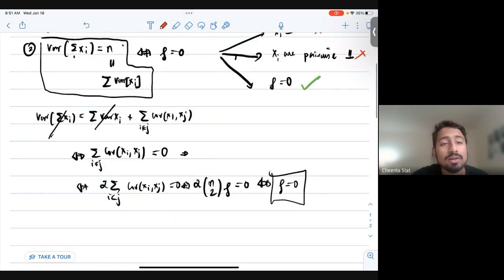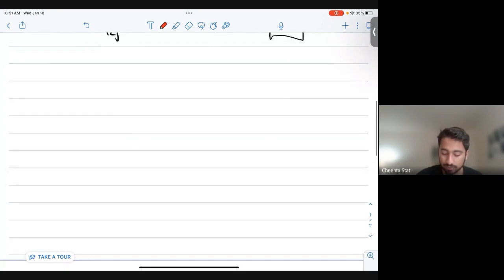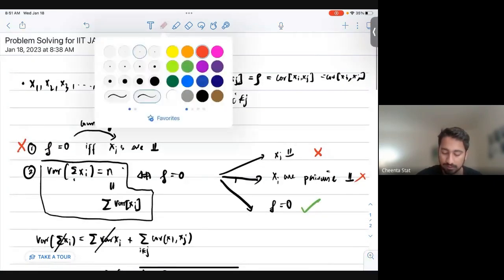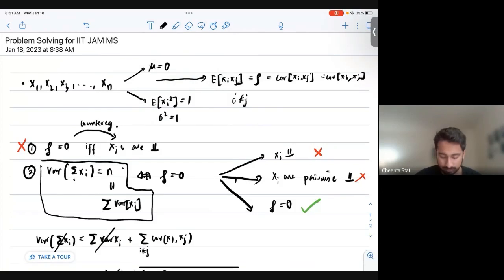Do you want me to give an example where correlation is 0 but the variables are not independent? Yes or no? So the problem is solved. It's an if and only if question.